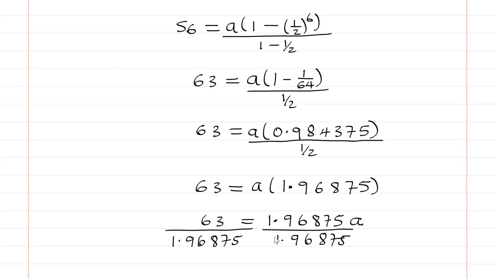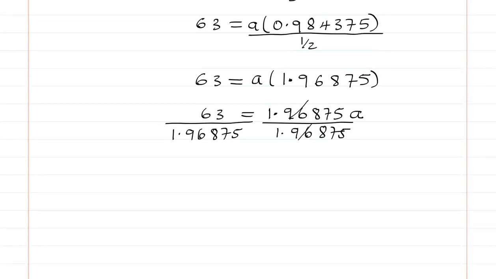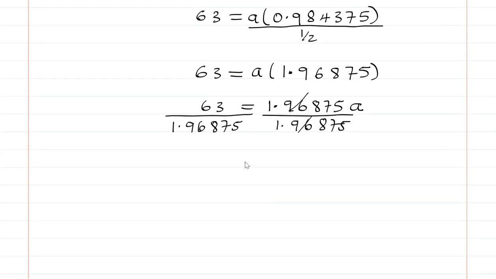Then you press the calculator. This and this are going to cancel. On pressing the calculator, this side we shall have A. So you divide 63 by this number. Press your calculator. Me, I'm getting 64, by the way.